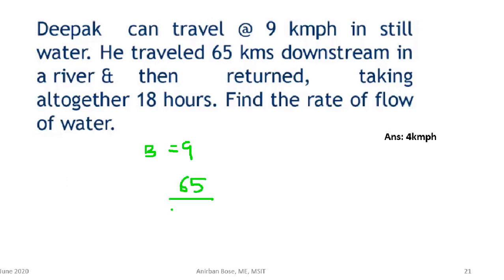We know that it is the sum of boat and water. So this is the time required for 65 km downstream, and then he returned. So what will be the returning time? That will be 65 divided by, because in the returning time it will be upstream, 9 minus W.